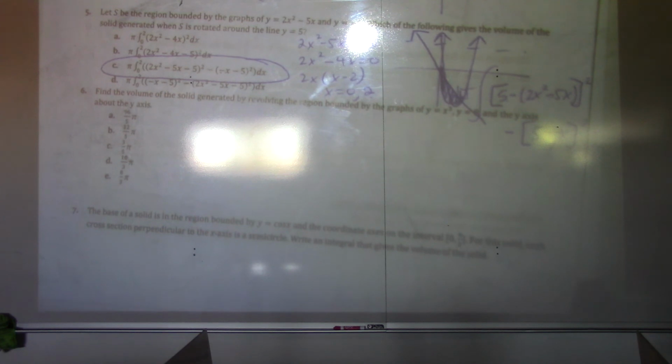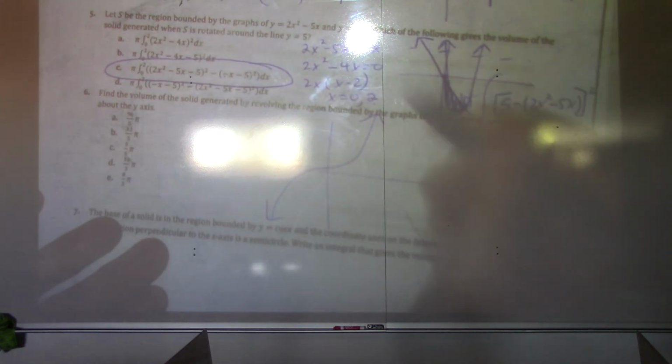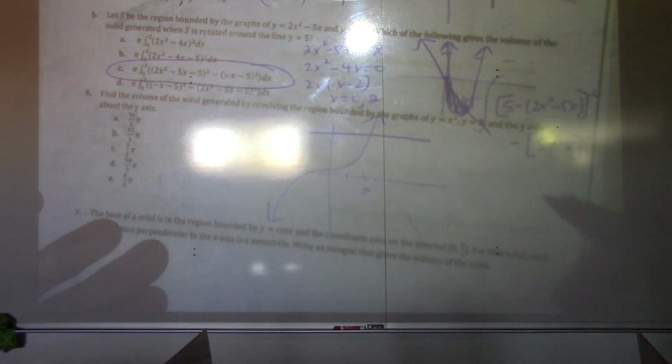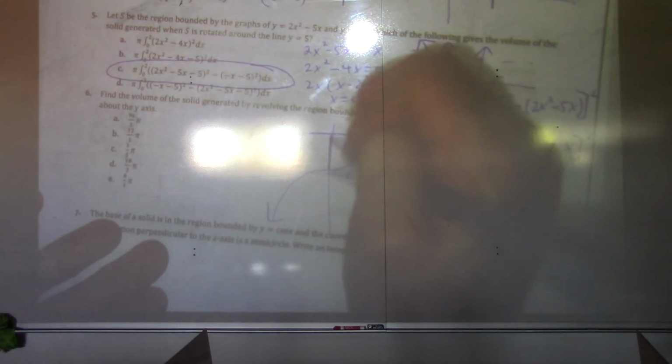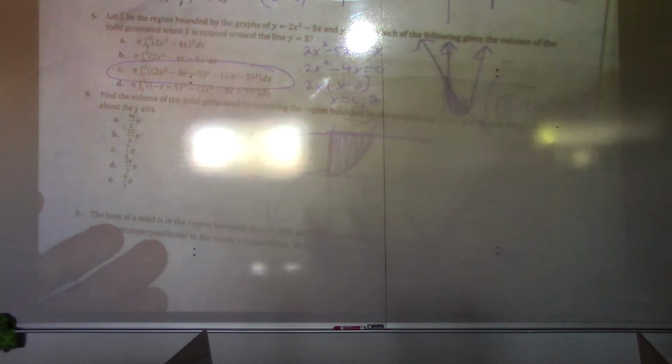Alright, finding the volume of the solid generated by revolving the region bounded by y equals x cubed, y equals 8, which is x equals 2, right, and the y-axis. So here, I'm doing the region between these three functions around the y-axis.